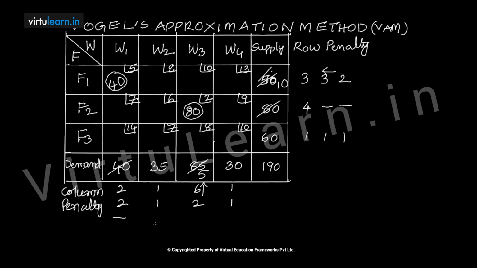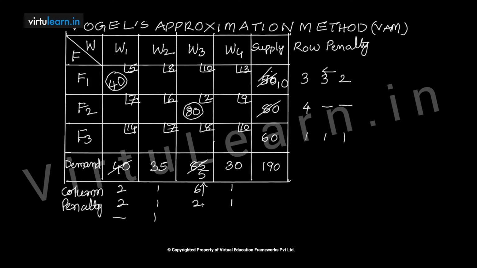And then here we can make allocation to 6 is the least, next least is 7, so we are writing 1.